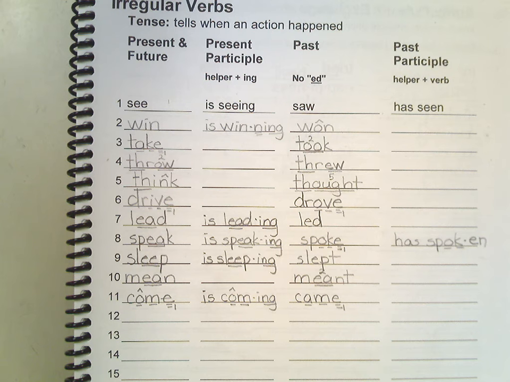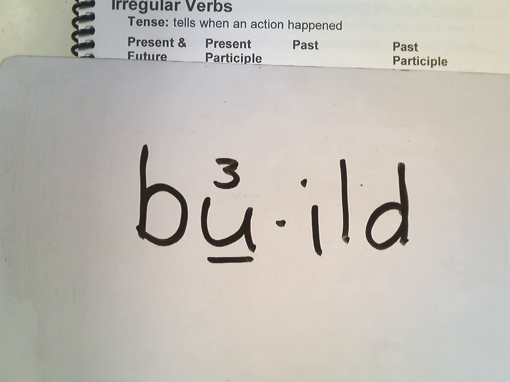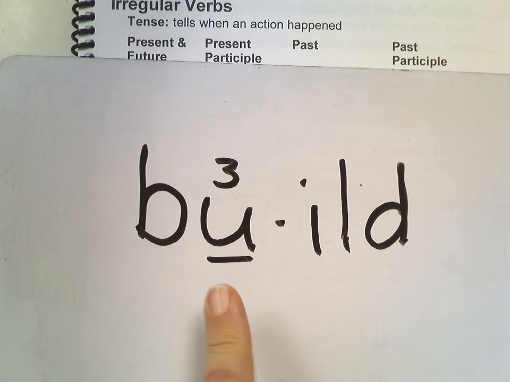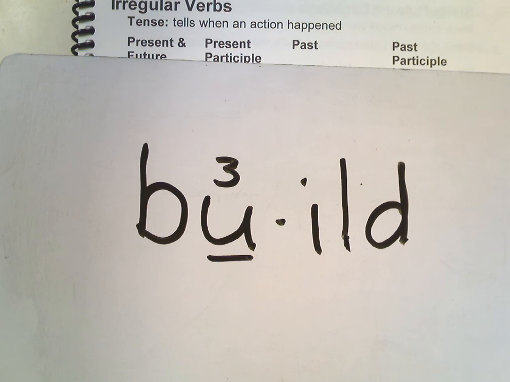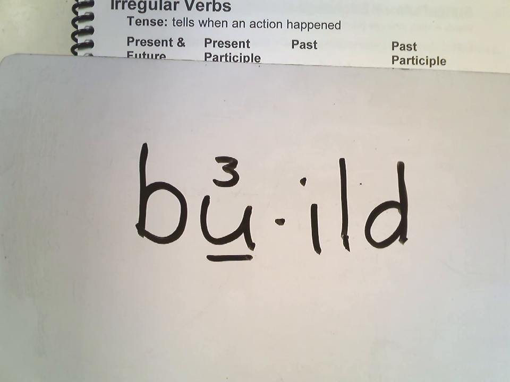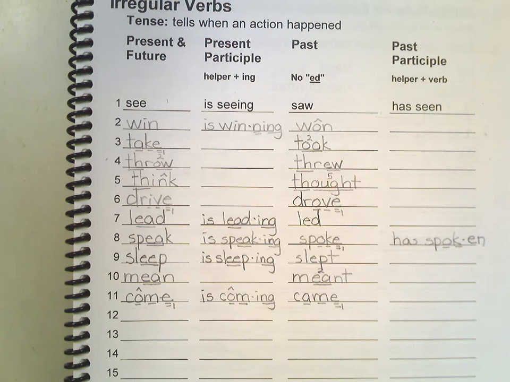Let's check. That's how we spell build. Remember, we have to say boo, ild to spell it, and then we just have to remember which oo. We use this oo the most often. So build, or how do we say it to spell it? Good, boo, ild is our present tense.